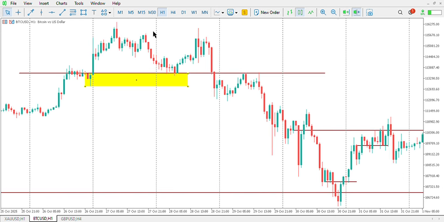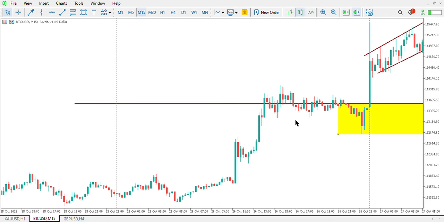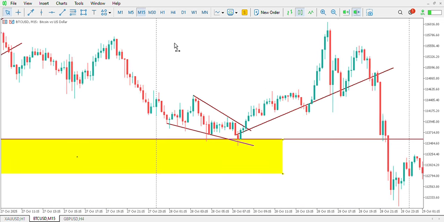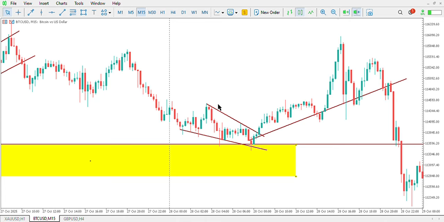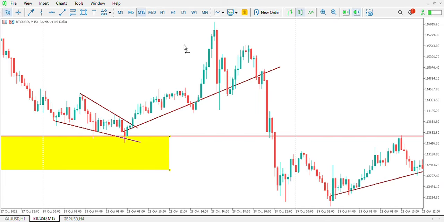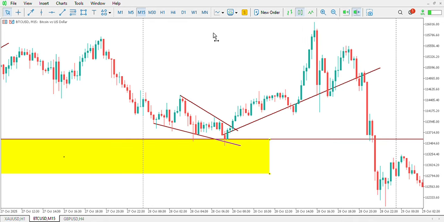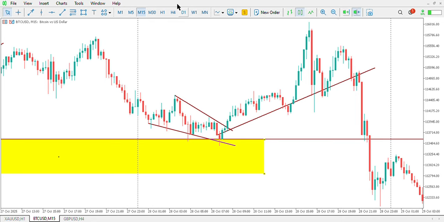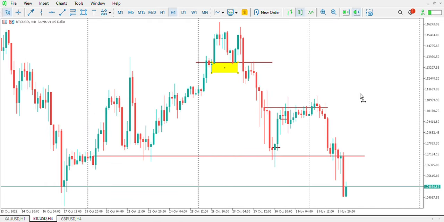Or we could switch to the 15 minute and look for a kind of a breakout and open a trade from there. Or some people can use the head and shoulders, the top or bottoms, and all those things as an indication to enter a trade. So the strategy is very simple. It's very simple. Let me show another example.